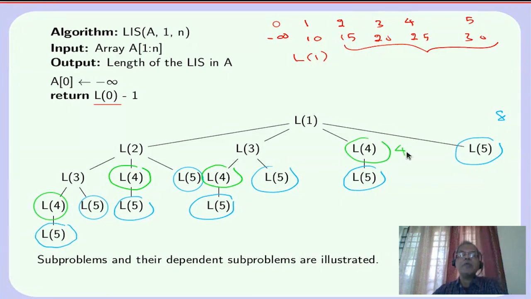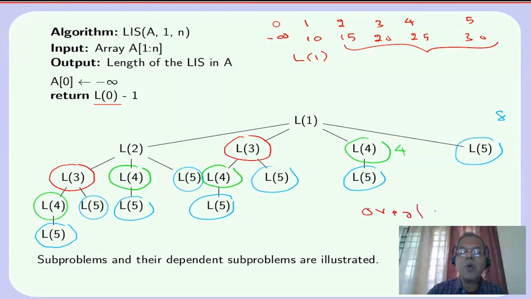One subproblem, but 4 instances. We consider L of 3, 2 times. So L of 4 is an example of an overlapping subproblem. What is the meaning of overlapping? L of 4 is required for solving L of 3. L of 4 is also required for solving L of 2. L of 4 is again required for solving L of 1. This is an example of an overlapping subproblem. The same smaller subproblem is solved repeatedly, duplicated to solve different larger subproblems.